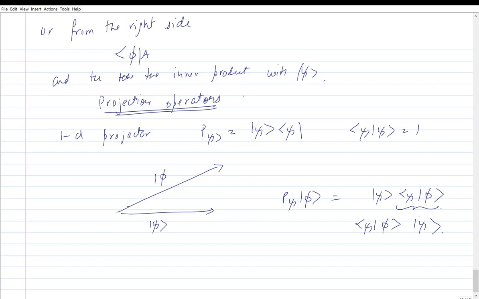So I projected phi by applying this projector to the vector, and what do I get? I get an amplitude. How much of psi is there in phi? How much of this component is in this particular vector along this direction over here? And of course, this, as you can see from the triangle rule, is going to be the original vector minus the projected vector.